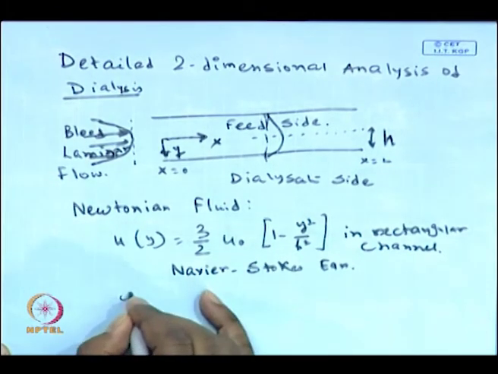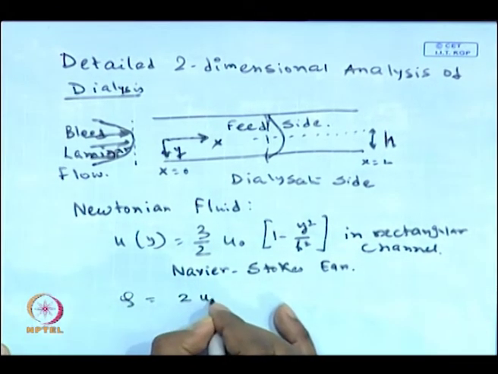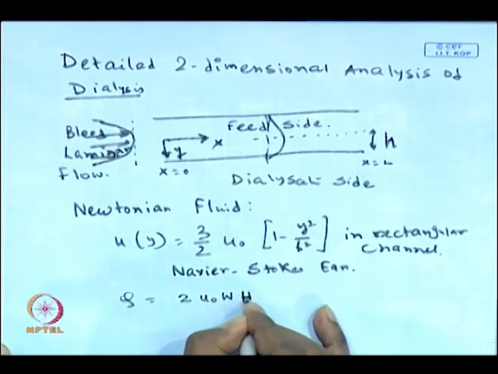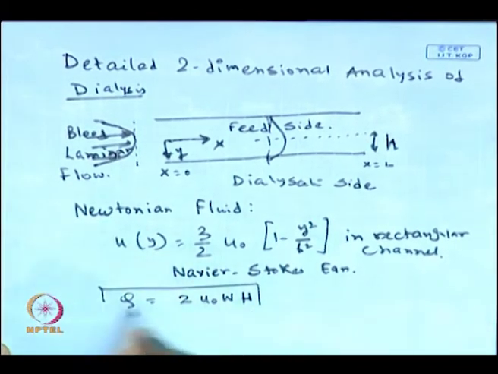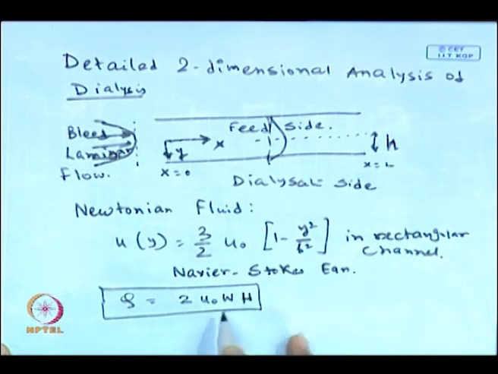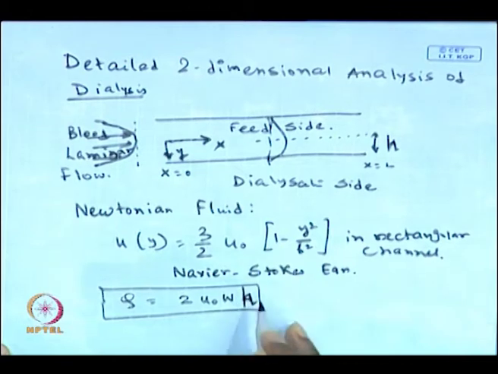Now, Q is 2 u naught W times h. What is this Q? Q is the flow rate of the blood, and u naught is the cross sectional average velocity, and it should be multiplied by the area of cross section W times 2h.